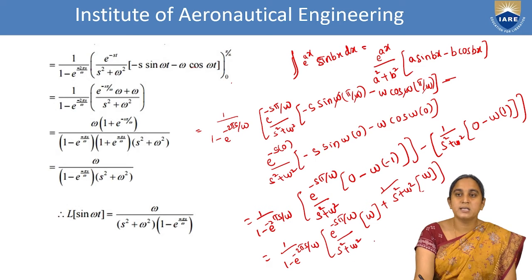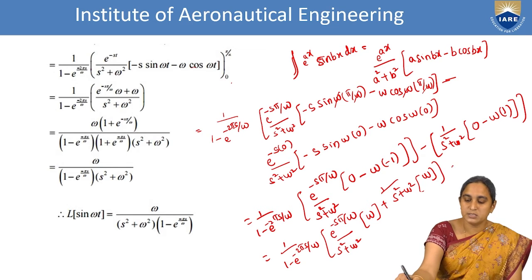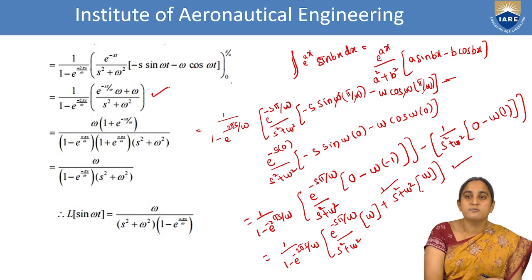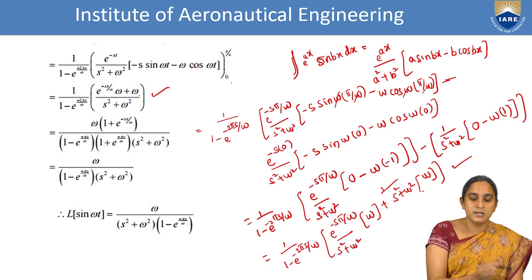The denominator is common, that is s square plus w square, and the remaining part after this step is 1 by 1 minus e power minus 2 pi s by w, and the common term of the denominator is s square plus w square, and the remaining numerator is e power minus s pi by w into w plus w.